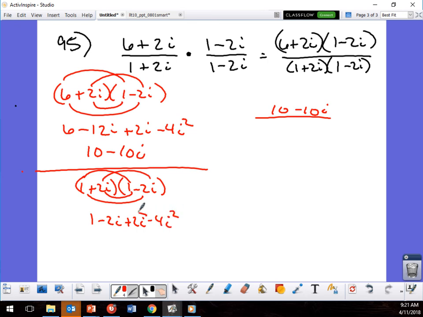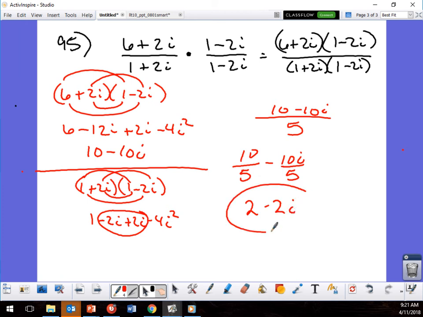Okay, all this in the middle goes away. And this right here is going to give me a positive 4, and a positive 1 gives me a 5. And now from right there, I break it up to my 10 over 5 minus 10i over 5. 2 minus 2i as my answer.